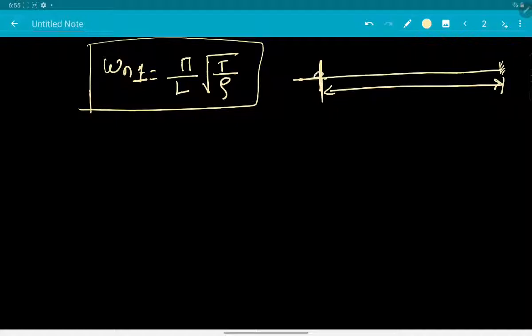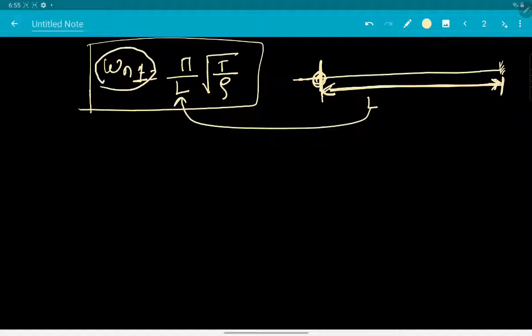If you hold it over here, then this much length will be considered as the length of the taut string, and accordingly for this length omega n1 will be generated. Now if you want to change the frequency with which the string is vibrating, you just have to shift where you are fixing it. So you move it either this side or this side.